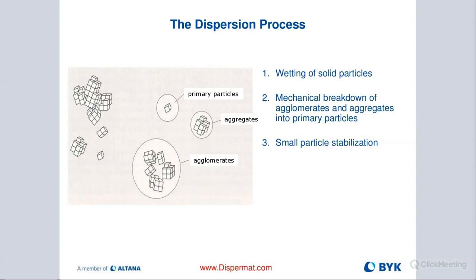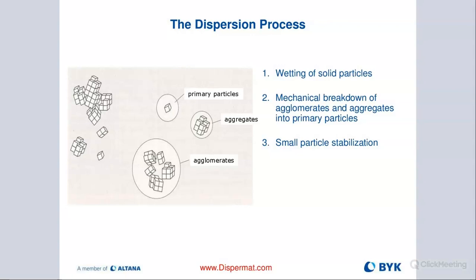They are bound together by these invisible forces called Van der Waals forces, these invisible magnetic forces that cause these particles to stick together. We try to break them up, and then they become smaller particle clusters. We call them aggregates. And we'll be able to get from the agglomerates to the aggregate level by using a standard disperser with the cowles blade or impeller blade.